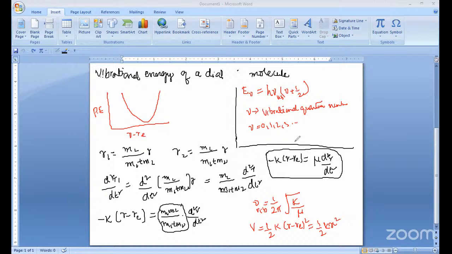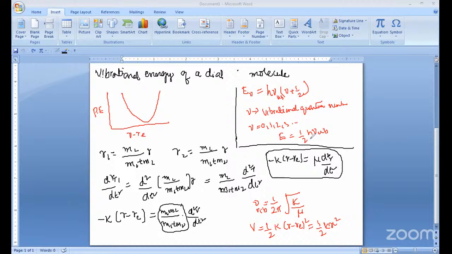When we substitute v = 0, we get E = half hν vibration, which we call the zero point energy. If you take v = 1, we get a different value: 3/2 hν vibration.